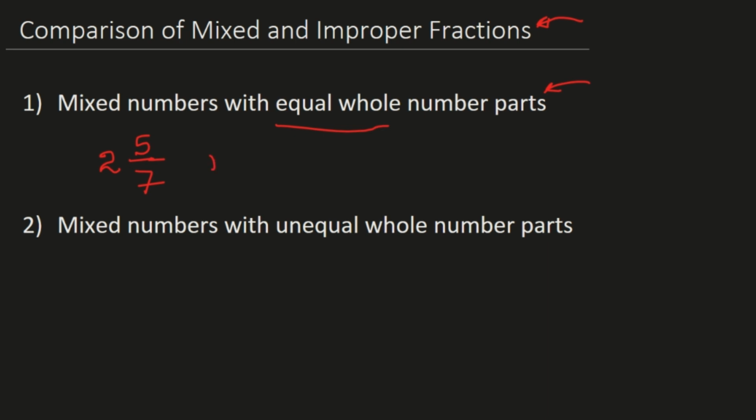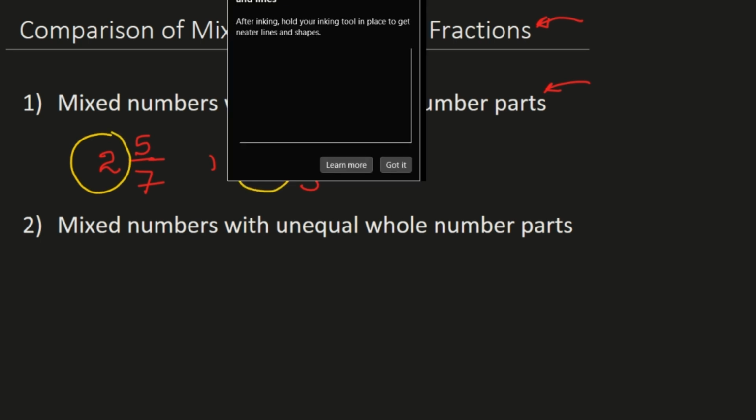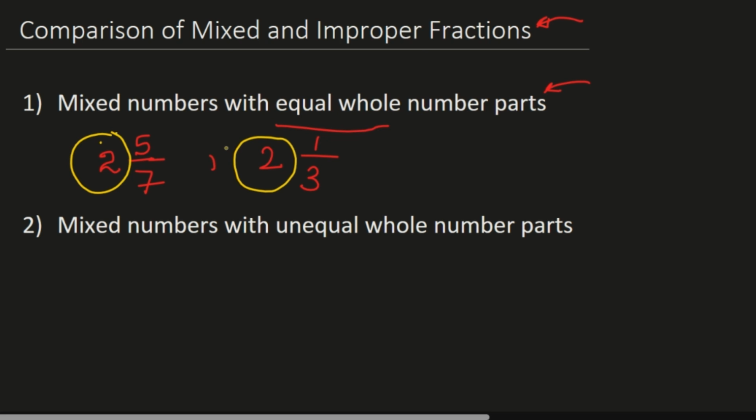And let's take another example, 2 and 1 upon 3. In these two examples, you can see the whole number parts. Here it's 2 and here as well it is 2. So the whole number parts are equal to each other. Both are 2. In such cases, how do we do the comparison?